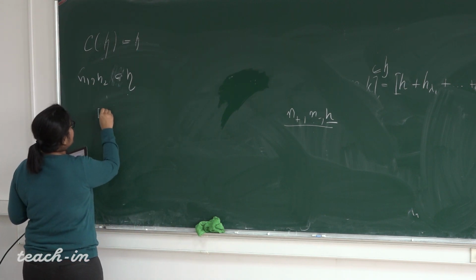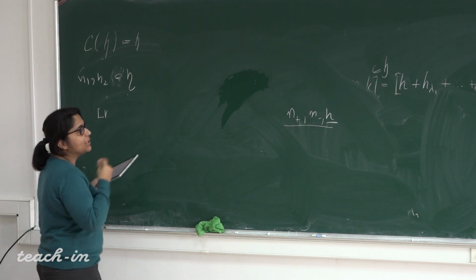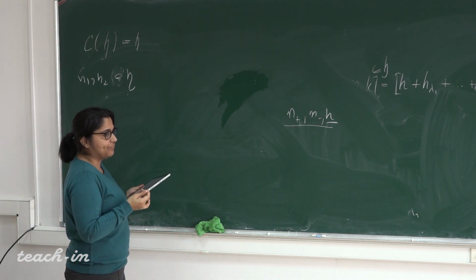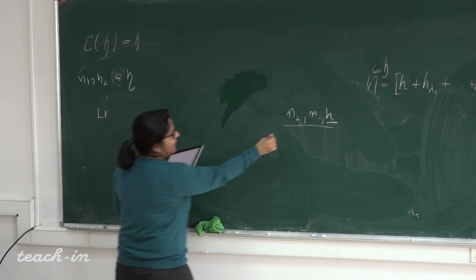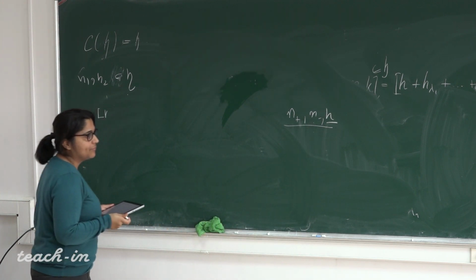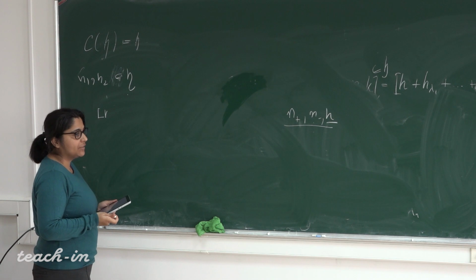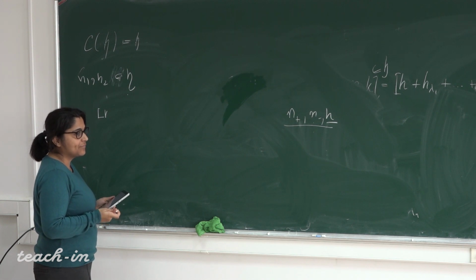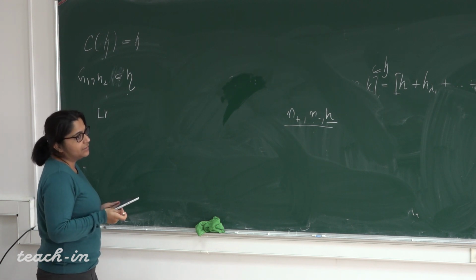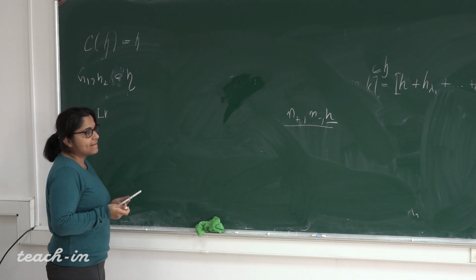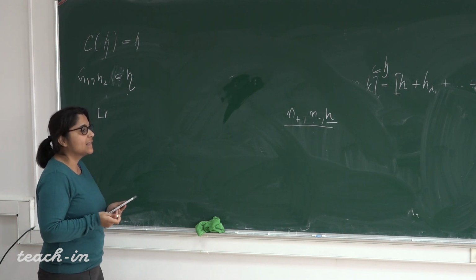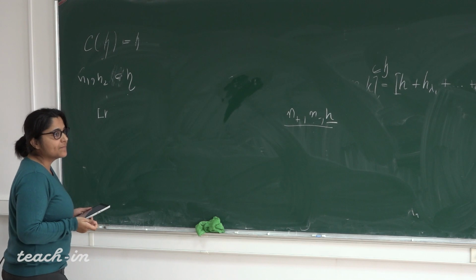We know that the diagonal matrices commute with each other. But with n plus and n minus, the upper and lower triangular matrices, we have specific relations. The idea is there, but you need to choose specific elements. So the idea is what you take.